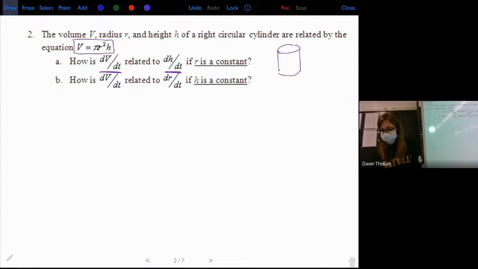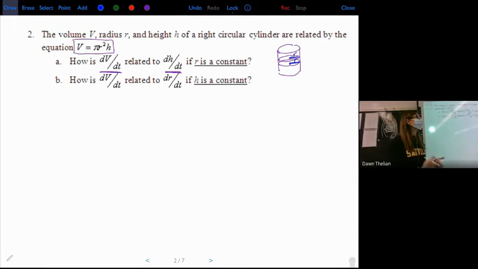The radius of the water stays the same, but the height changes. As I fill this up, the radius stays constant.